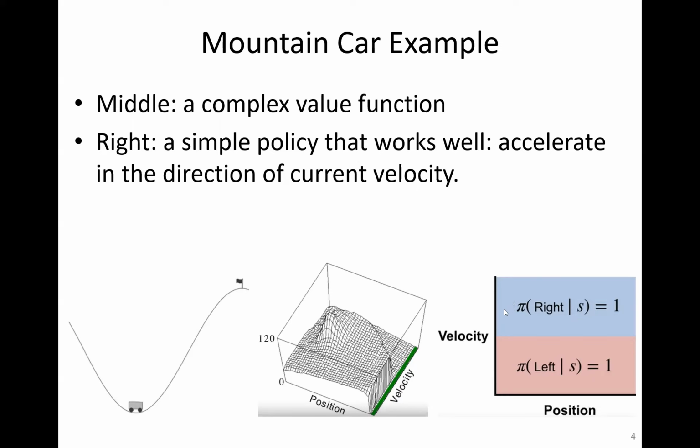If velocity is to the right, you accelerate to the right. If velocity is to the left, you accelerate to the left. So actually, that's a pretty good policy. This shows the simplicity of policy: you don't have to learn the very complex value function in the middle.